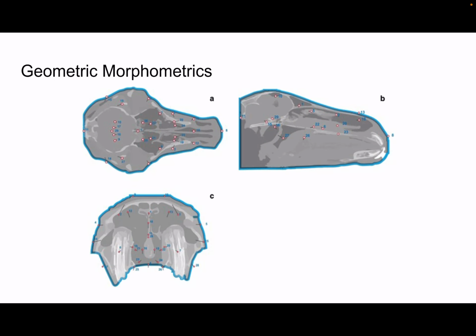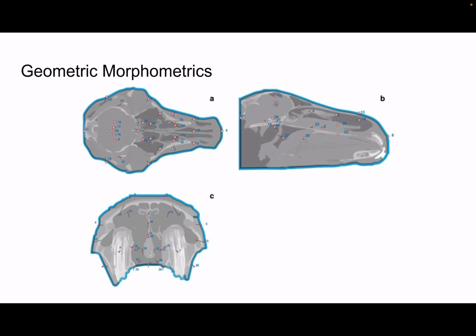And how we're able to go about doing this is by using a software that is super helpful. It's called Morpho-J. It uses geometric morphometrics that helps us figure out what exactly the deer is able to eat based off the measurements of the height, the width, and the length of the tooth.